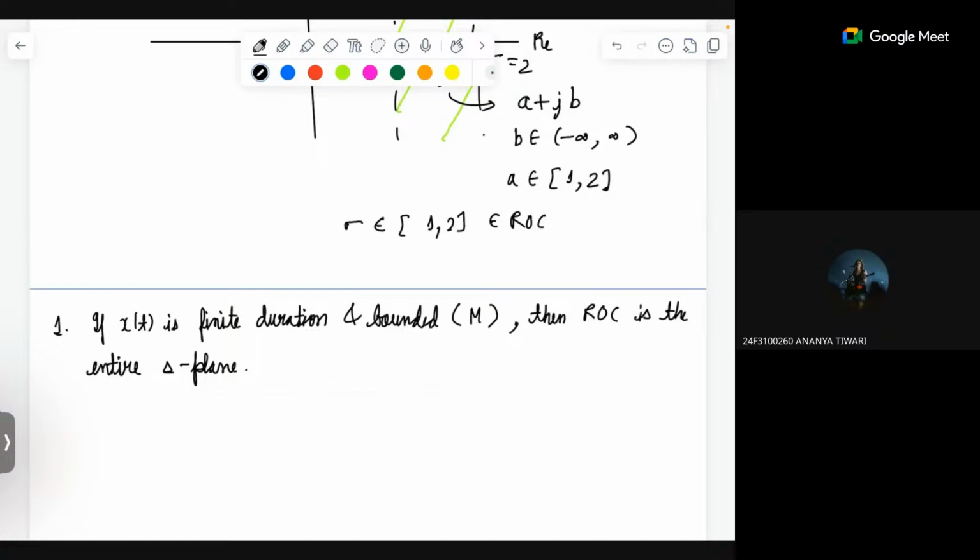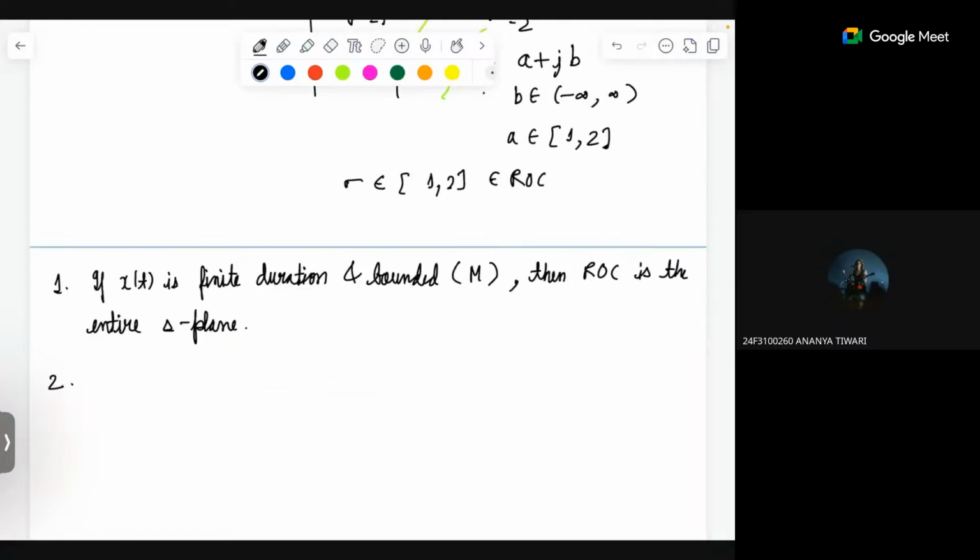And number two, if x(t) is right-sided. First point, if x(t) is finite duration and bounded, then ROC is the entire S plane. Yes, ma'am. Now next is when x(t) is a right-sided signal.